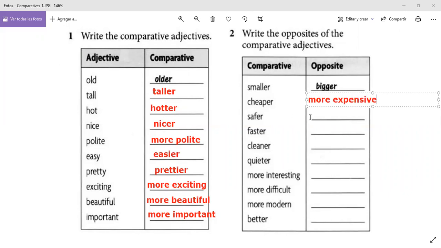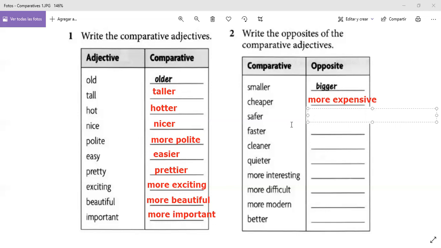What about safer? Like San Salvador, I think, is safer. Soyapango or Apopa is... What is the opposite of safer?